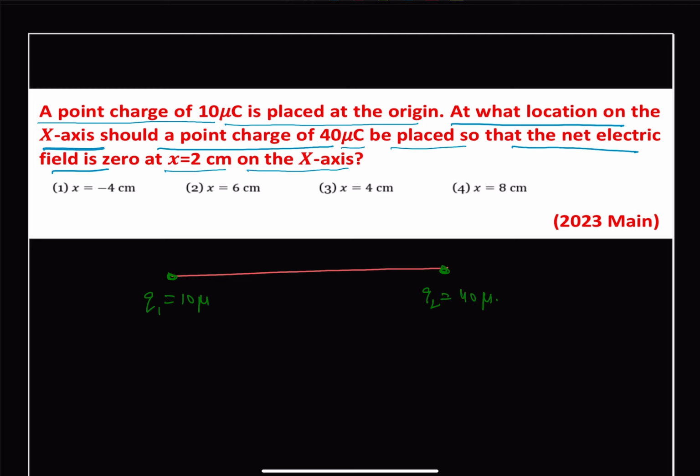And it says that the net electric field is 0 at x equal to 2 centimeter. So let's suppose this is the point, that is our x equal to 2 centimeter. And we say that this q2 is placed at a distance of d from the origin.